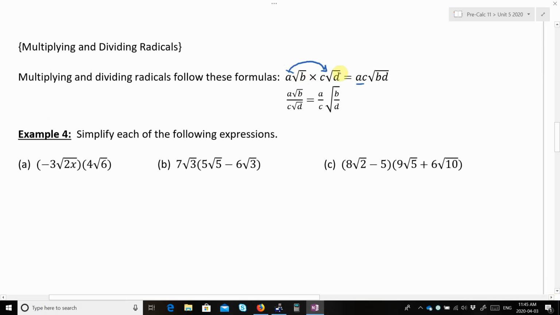And the square root of b times the square root of d is the square root of b times d. So it's kind of like you multiply the outside numbers and you multiply the inside numbers inside a square root. And with dividing, kind of the same deal. Outside numbers get divided, and then you go the square root of b divided by d.